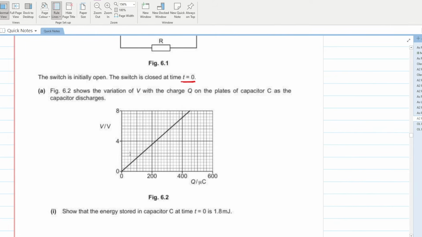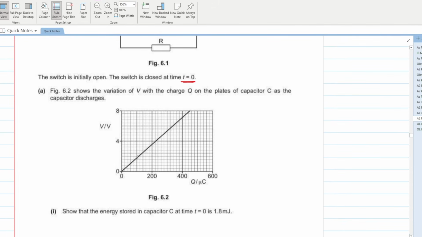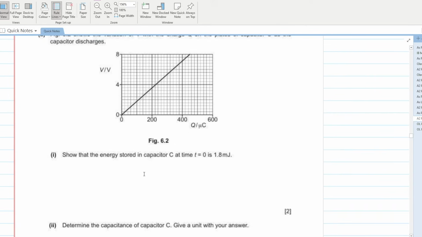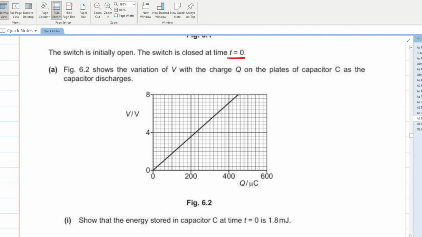Voltage versus charge का ग्राफ given है as the capacitor discharges. Show that the energy stored in the capacitor at time t is equals to 0 is 1.8 millijoules. How will we calculate this energy? बहुत easy है. You will calculate the area under this graph. Let me first of all check this value.